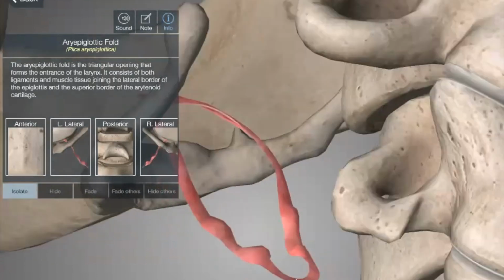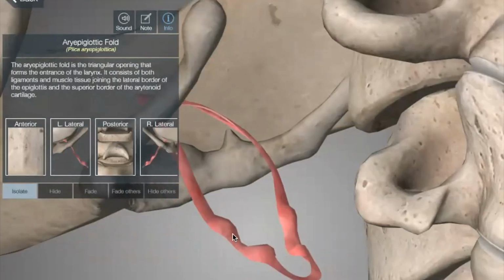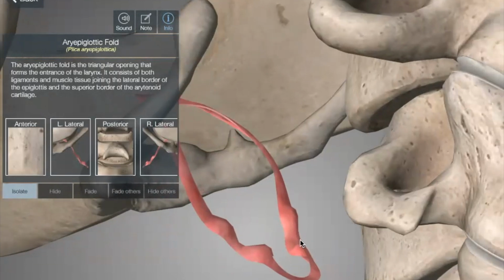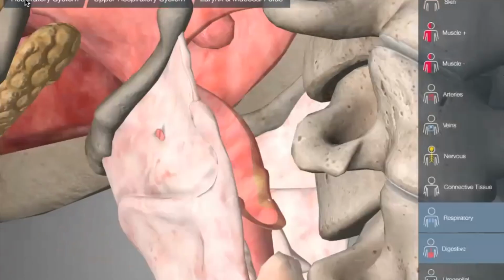They are present inside this structure to strengthen the aryepiglottic fold. This is the aryepiglottic fold, and the cartilages inside of it are called cuneiform cartilages.